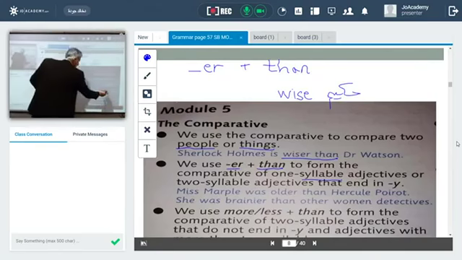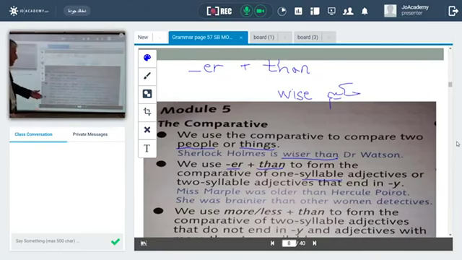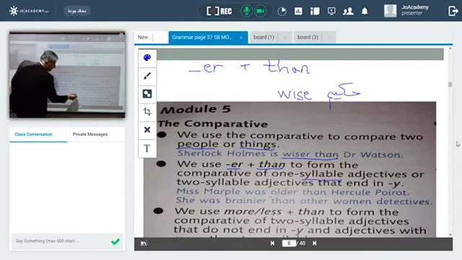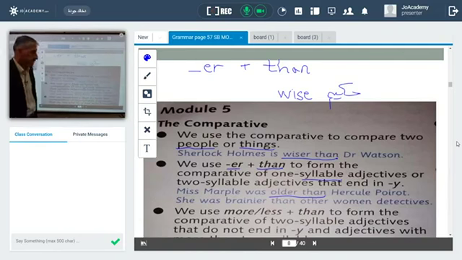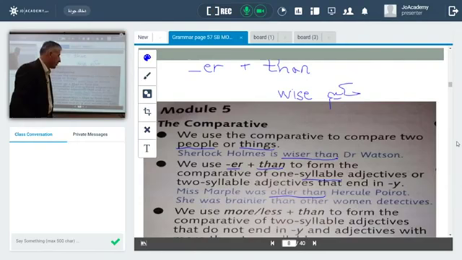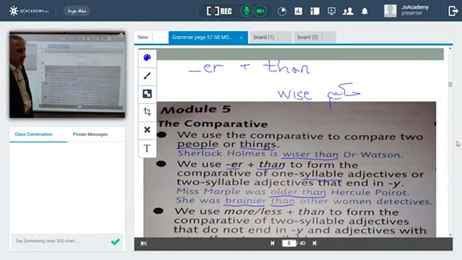That end in Y, like Miss Marble was older than her parrot. Miss Marble was older than her parrot. She was brainier than other women detectives.